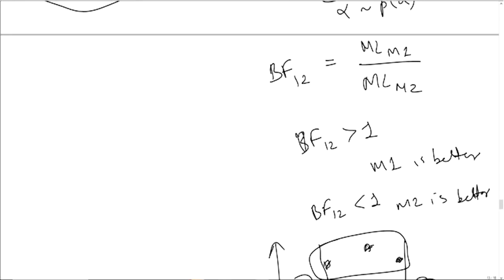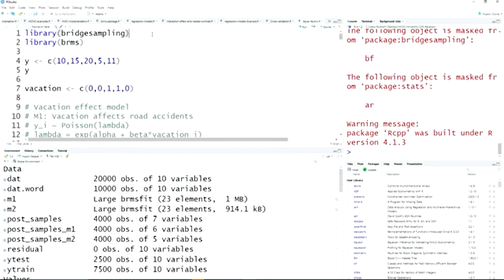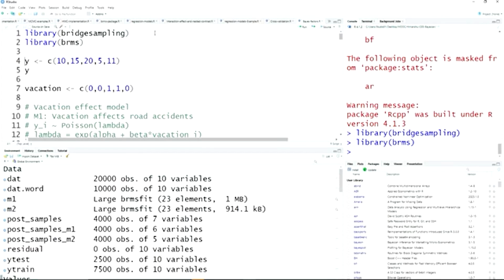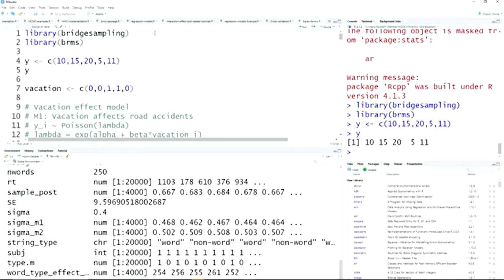All right, so we can take the same example as we did in the previous lecture. I'm loading these two libraries, bridge sampling and BRMS. This is the data we had. We were trying to model the number of road accidents in a city over the last 5 days, and we want to test the effect of vacation, whether it is a vacation or not.